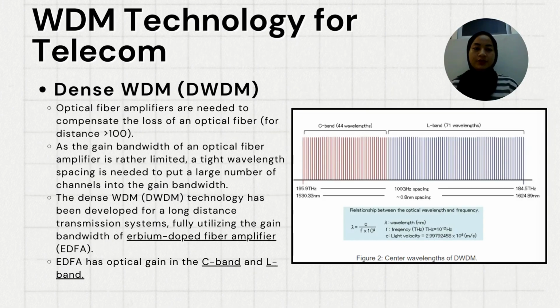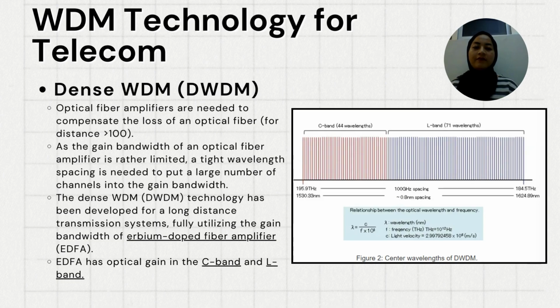Next is WDM technology for telecom. First is dense WDM, which we call DWDM. In order to transmit optical signals over a long distance, more than 100 kilometers, optical fiber amplifiers are needed to compensate for the loss in the optical fiber. As the gain bandwidth of an optical fiber amplifier is rather limited, a tight wavelength spacing is needed to put a large number of channels into the gain bandwidth.